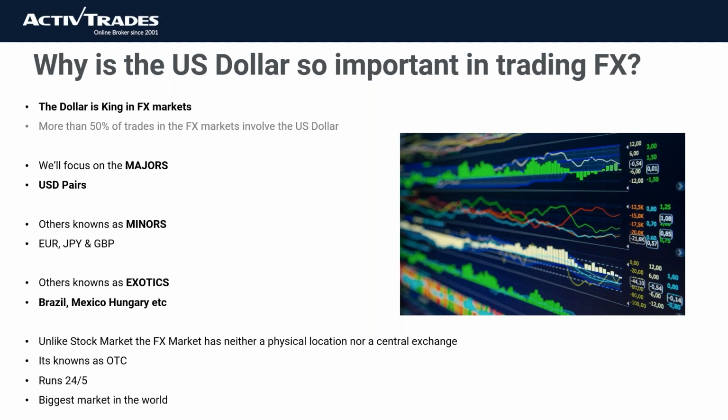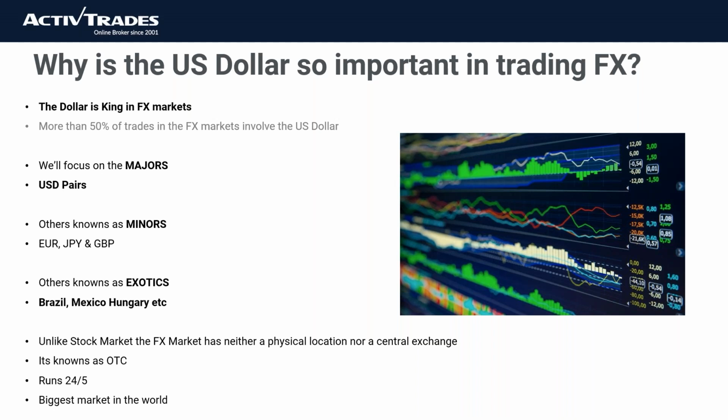But what is important to know for new traders is that, unlike the stock market, the FX market has neither a physical location nor a central exchange. So you can see the New York Stock Exchange, London Stock Exchange, etc. They're a central exchange where orders go to be traded through that exchange.